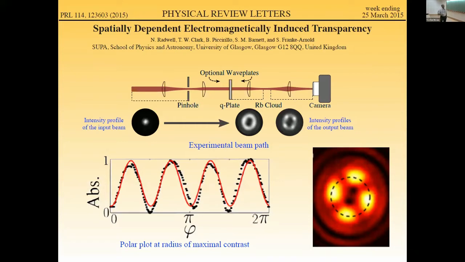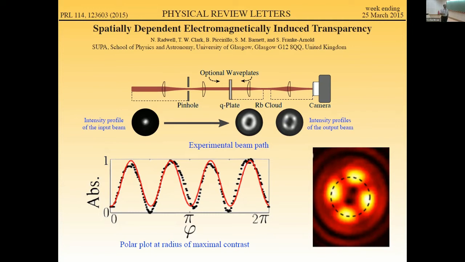They considered L equal to 2, that is the angular momentum. When you have L equal to 2, you have 4 spatial bright spots, and these 4 spatial bright spots signify that you created 4 EIT transparency windows at those positions.